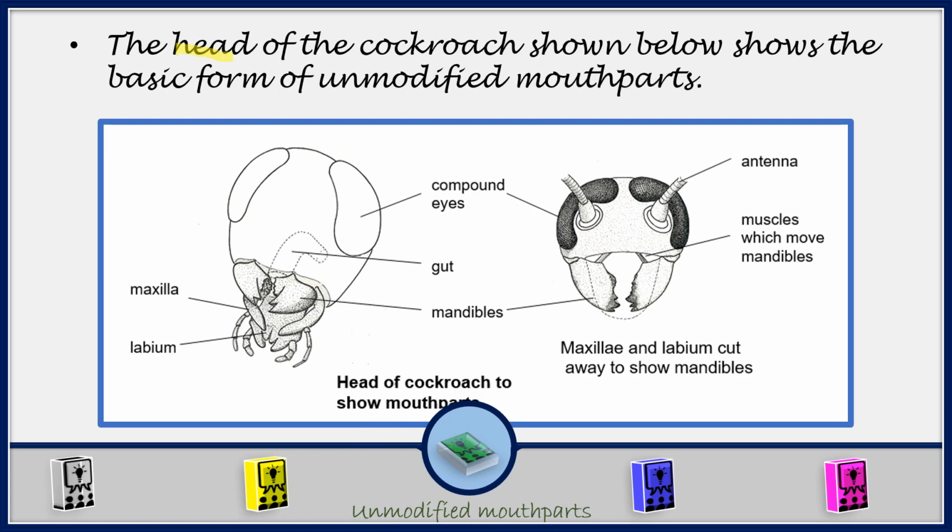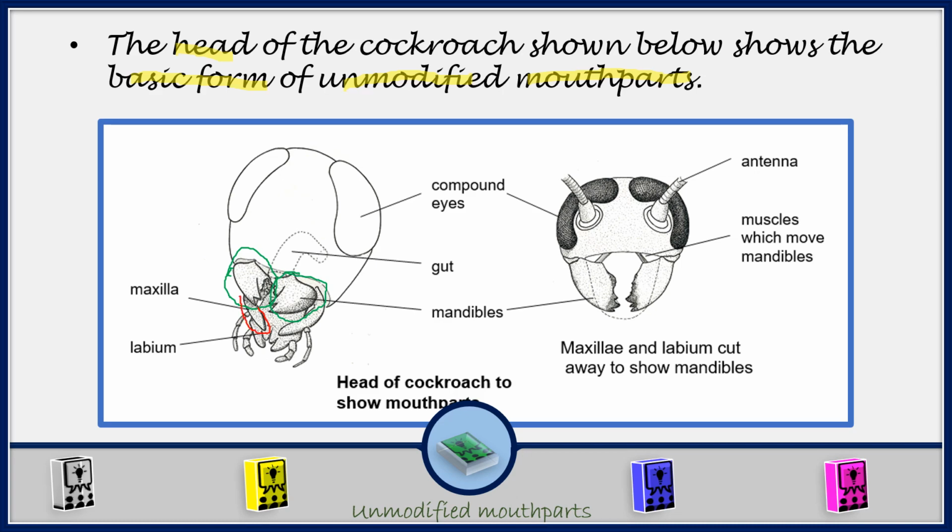The head of a cockroach shown below shows the basic form of unmodified mouth parts. We have already looked at the different mouth parts. We have seen the mandibles, these ones here, and then we have also looked at the maxilla, these ones here.